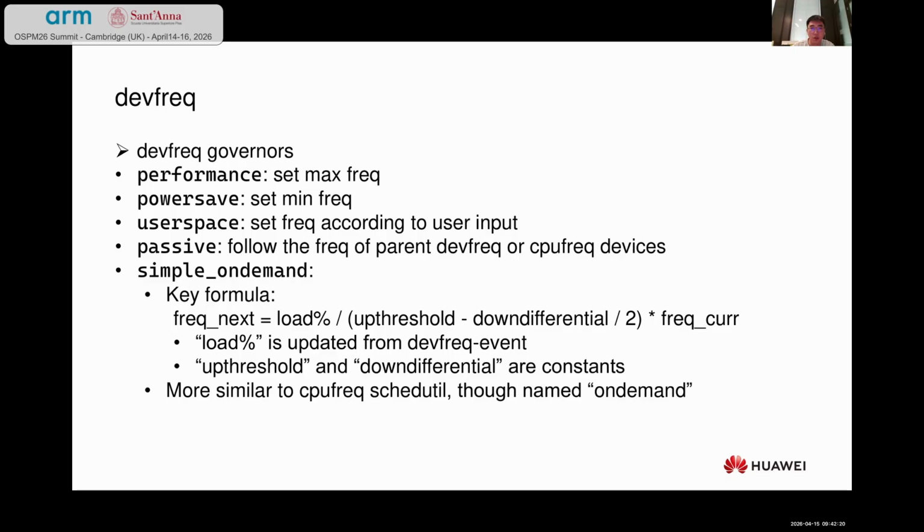If its parent is a cpufreq device, it will take the maximum target frequency across all the CPUs under the cpufreq policy. So it acts passively, and it's triggered every time the parent device has a frequency change.